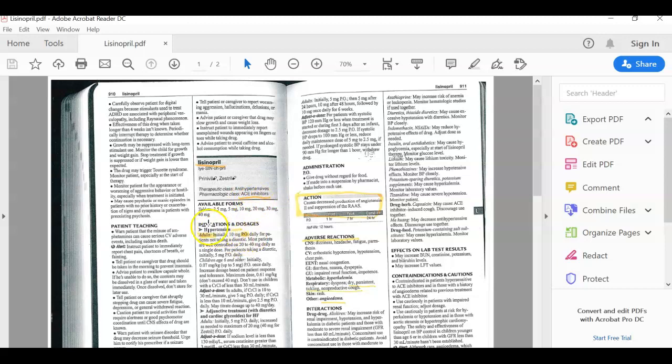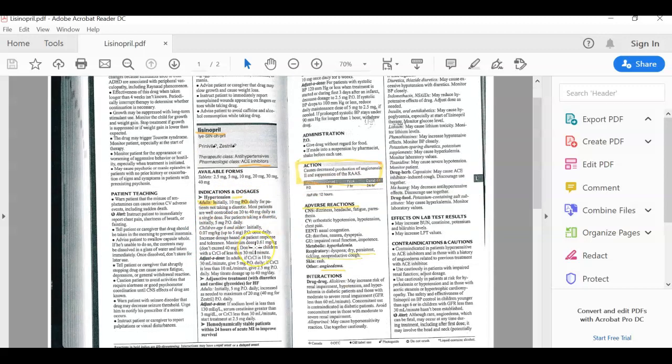It is indicated for hypertension. And here is some of the dosages. It is given PO, and here are dosages for an adult. Then if you come over here, here's the action. It causes a decreased production of the angiotensin II and suppression of the RAAS.